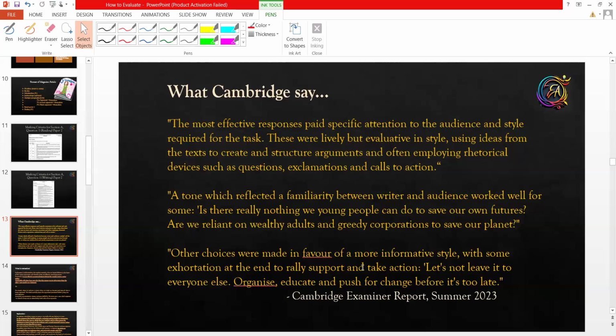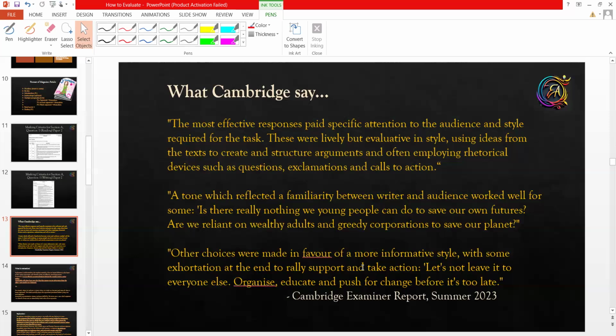Just take the ideas from the text to create and structure arguments, often employing rhetorical devices such as questions, exclamations, and calls to action. But the idea basically should be from the text only. Then you can argue, you can shoot out any rhetorical question, you can do whatever you want, but the idea should be taken from the text.